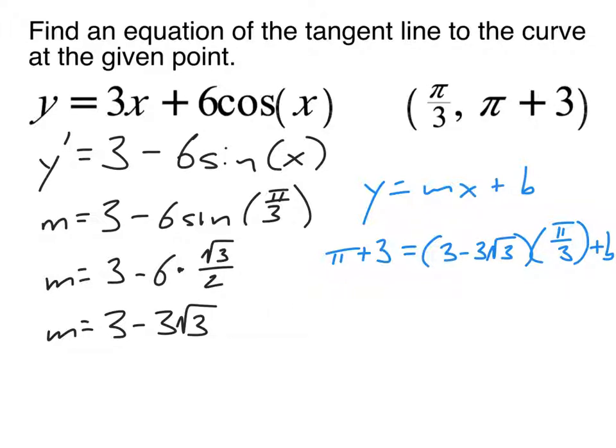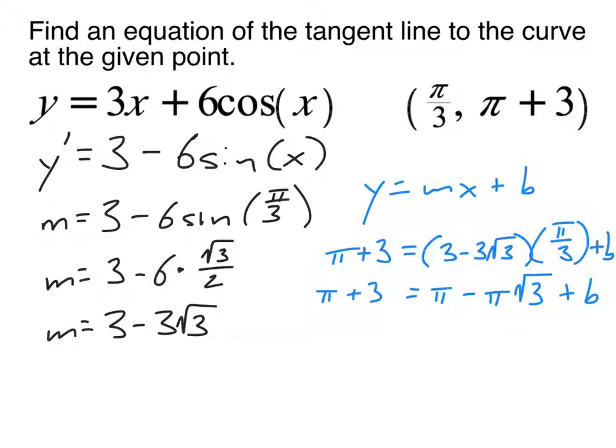Now as I look at this, the thing I want to do first is distribute that pi over 3 into this set of parentheses here. So 3 times pi over 3 would be pi, minus 3 root 3 times pi over 3. Well, the 3's cancel out, so that'll be pi root 3, plus the b.